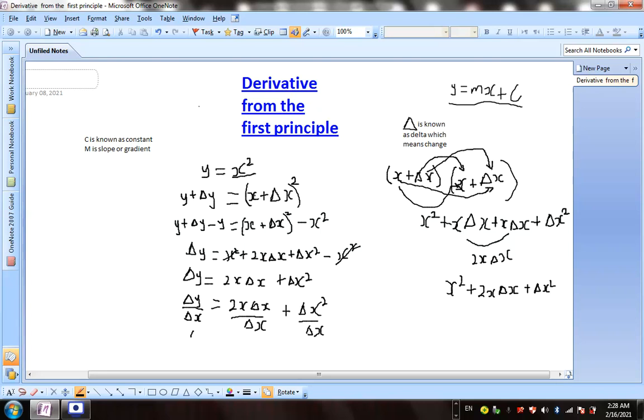Now you have dy/dx is equal to 2x plus dx.